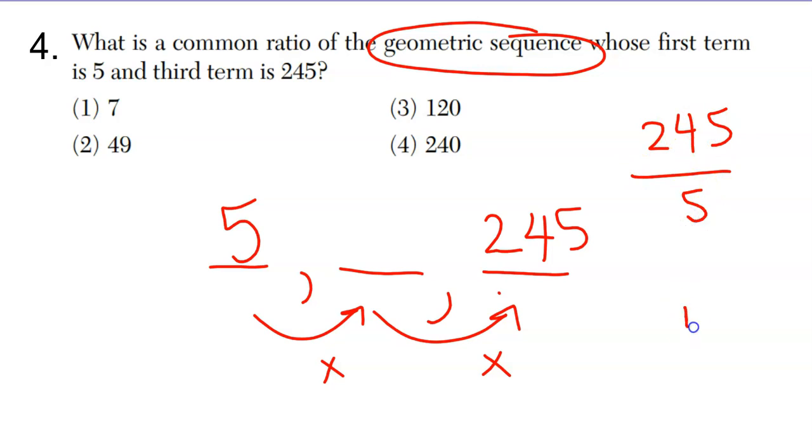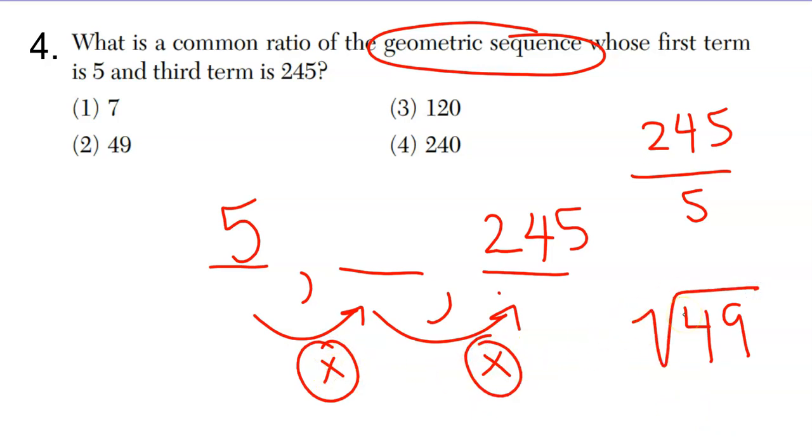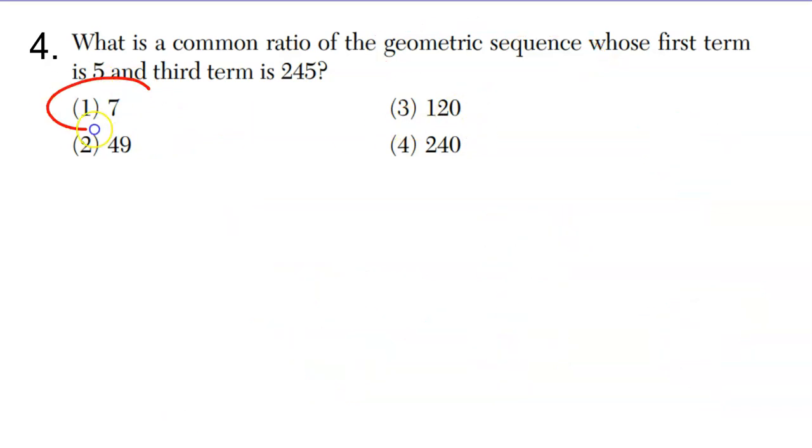And when I do that, I get 49. And because I am multiplying something by itself, I can square root this 49 to find that multiplier. So the multiplier was 7. And if I didn't know that, I could have just tried all of these by guessing and checking. The answer is 7.